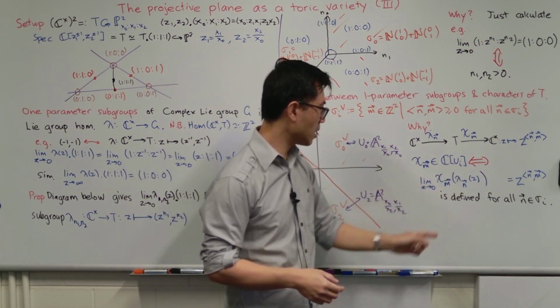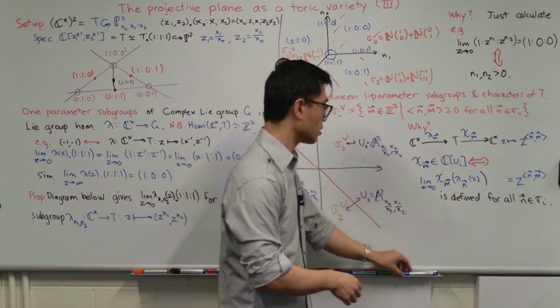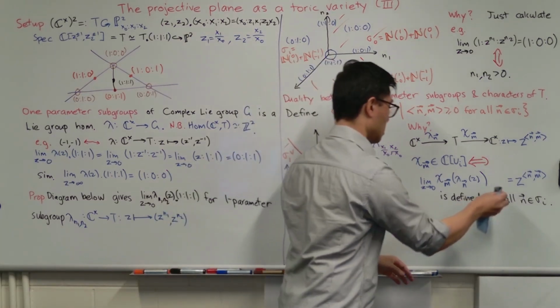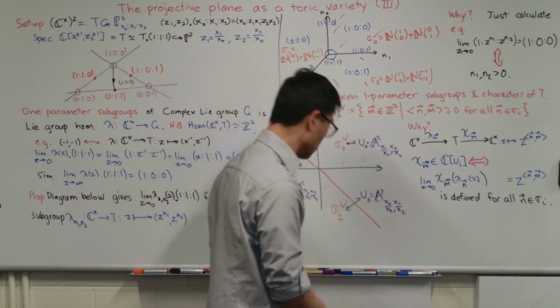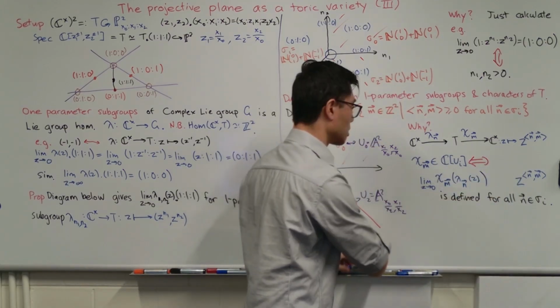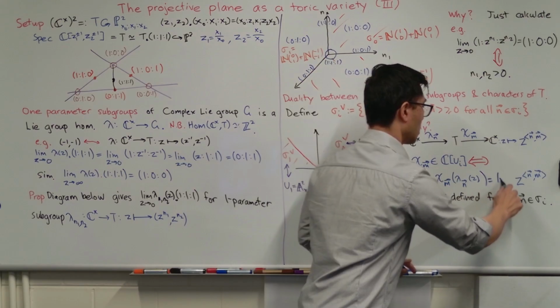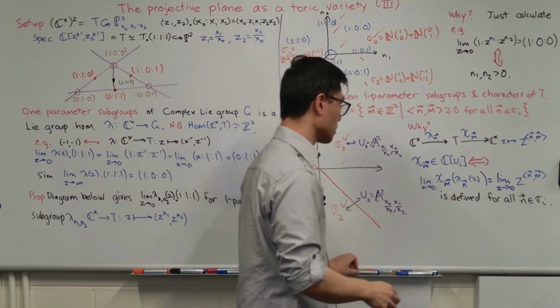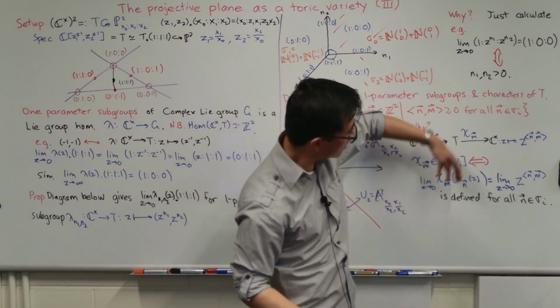So this value here, so I guess here I should have written, let me just fix that up. So this value here is just the limit as z goes to 0. We've computed what this is by the duality.